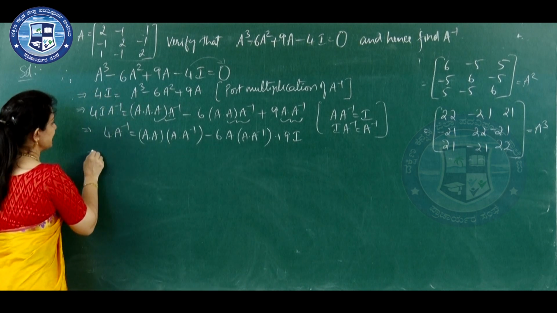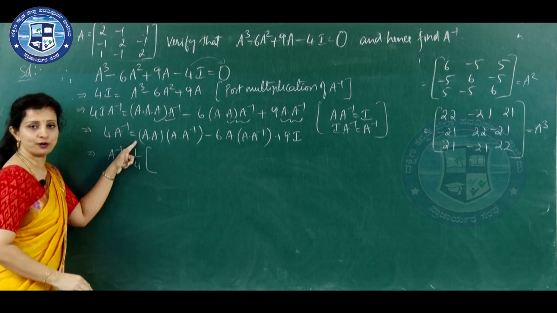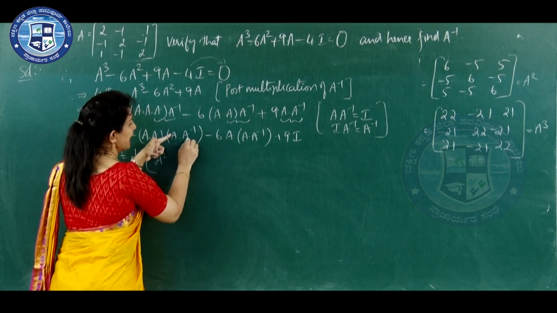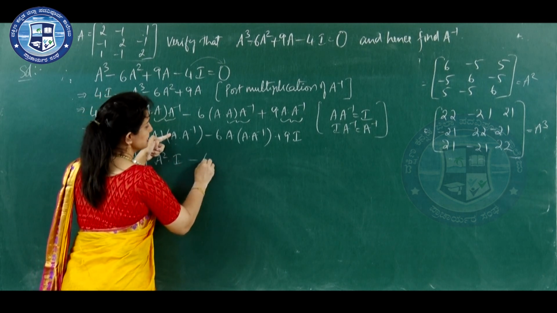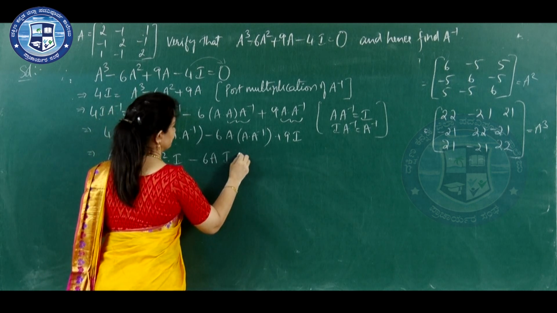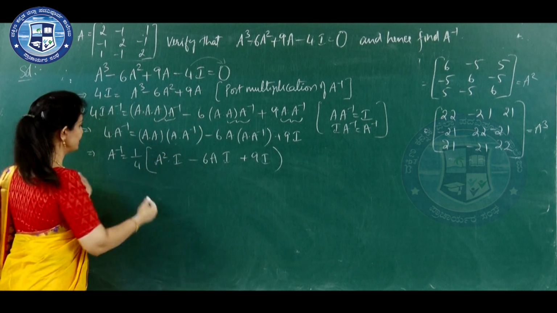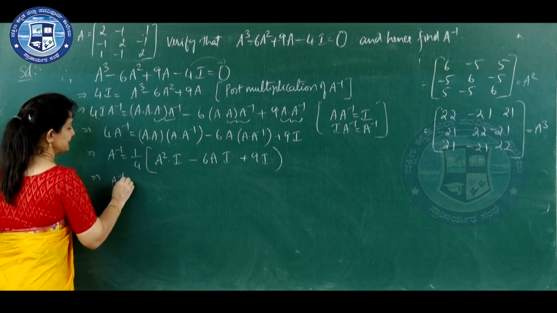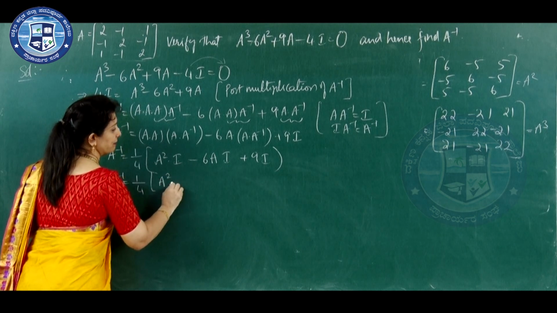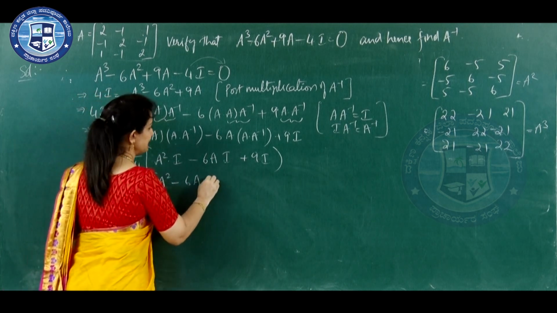Now, we want A inverse. A inverse is equal to 1 by 4, since the 4 is brought to the RHS. Here A square into A inverse is I, minus 6A into A inverse is I, plus 9I as it is. So here we get A inverse equals 1 by 4 into A square minus 6A, A into I is A, plus 9I.